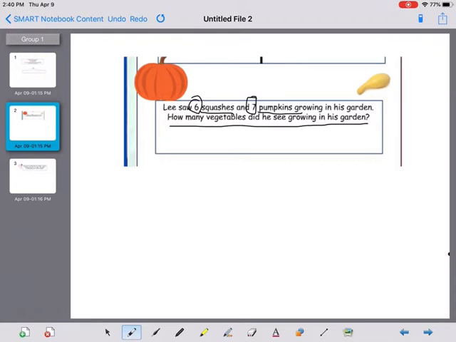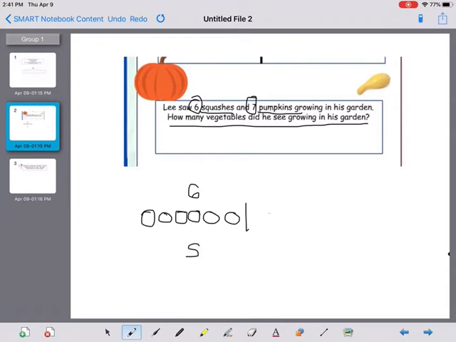Now, we start with our first part, 6. So, in our tape diagram, we draw 6 counters. Remember to try to do a 5 group and then one more. Before you move on, remember you have to label 6, and we'll put S for squashes. Draw a line to separate the part. 7 pumpkins growing.